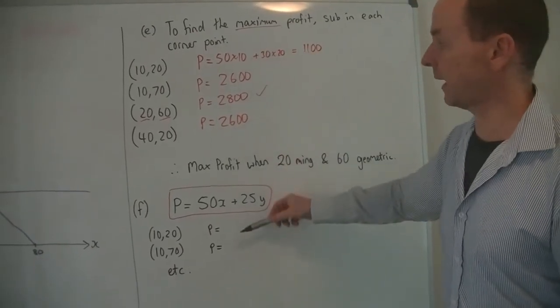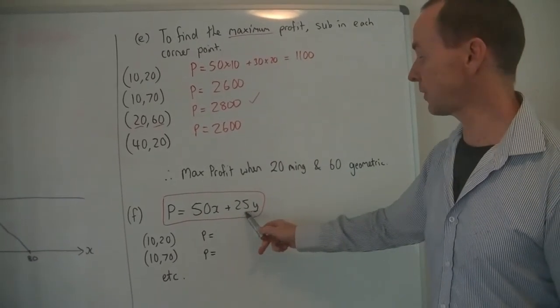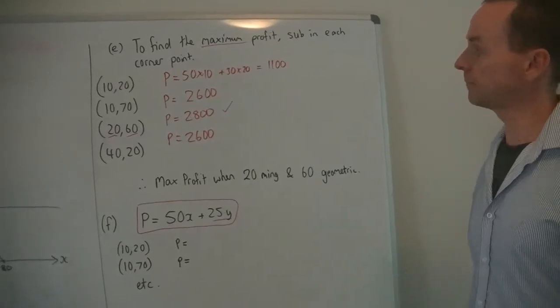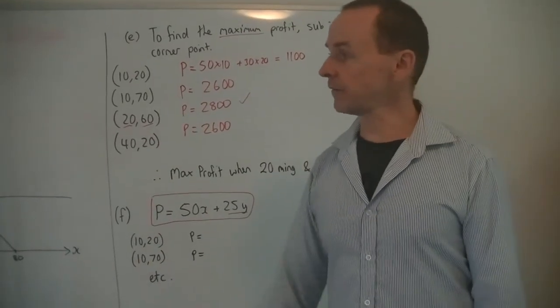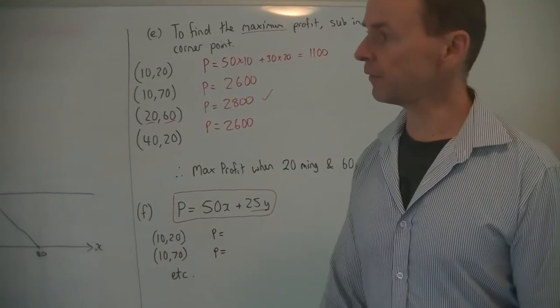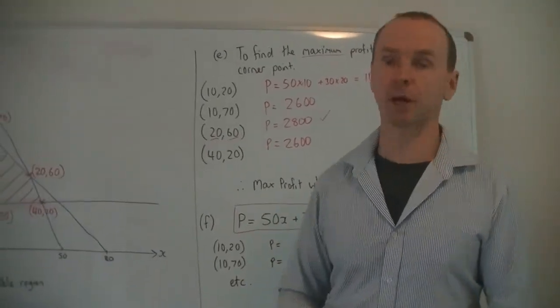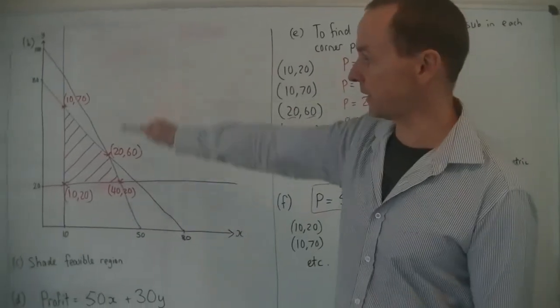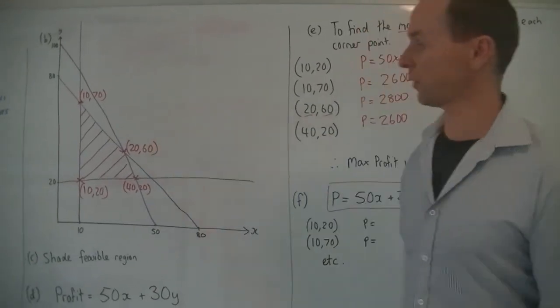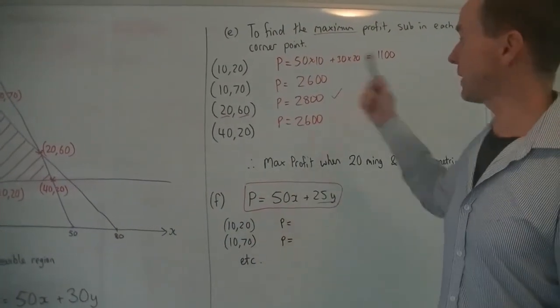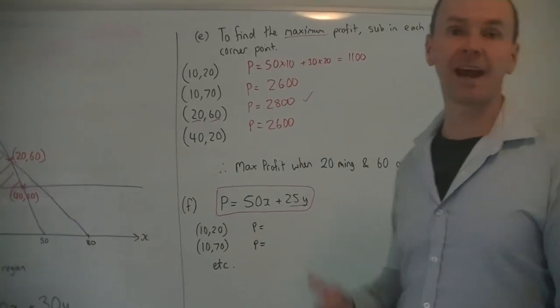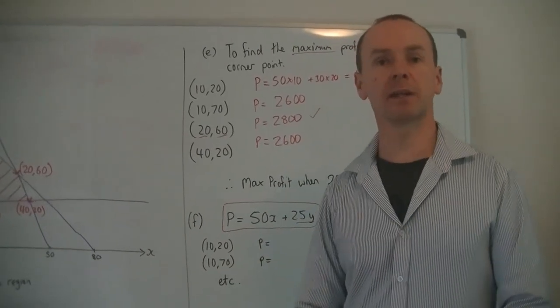So part E and part F are the exact same question, just with a slightly different objective function. So I've kind of explained roughly how to do that question. You really need to read the question and understand how to come up with those equations. And once you go through the process, you can draw the graphs, find the feasible region, corner points, substitute them into the objective function, answer the question in words. Good job everyone, see you soon.